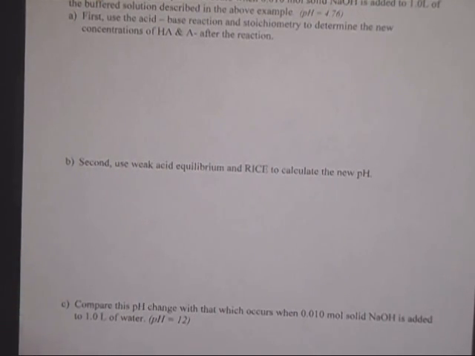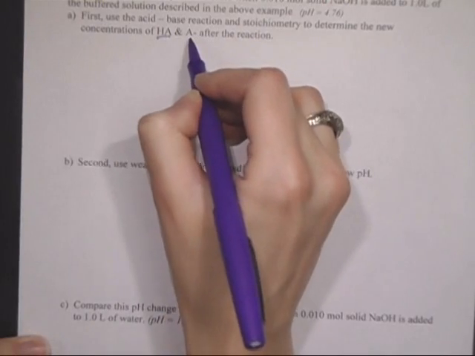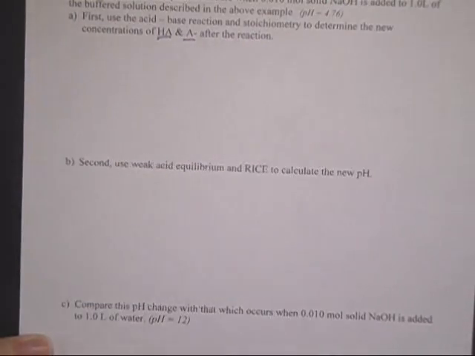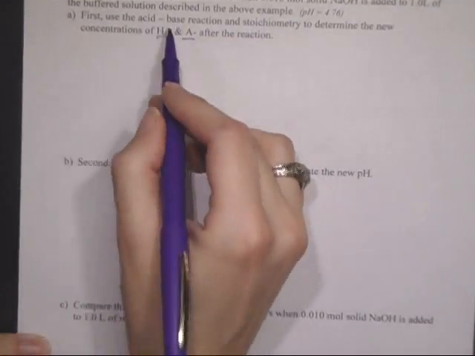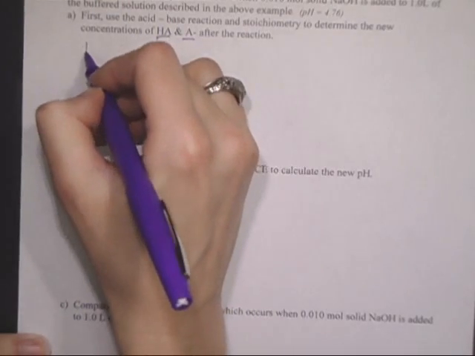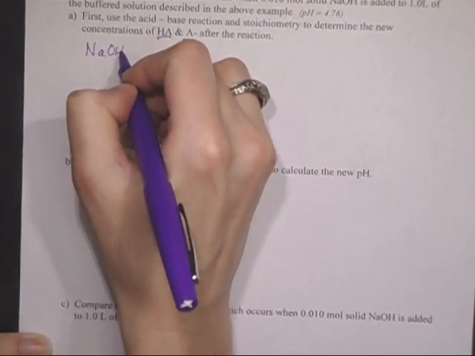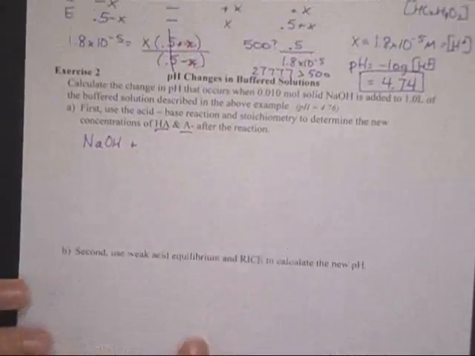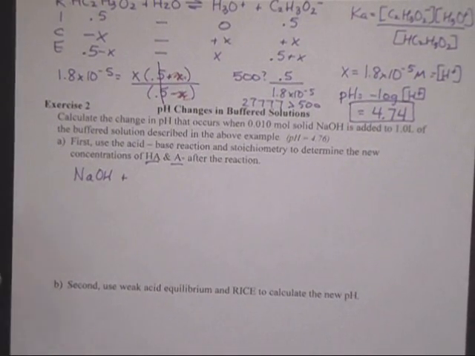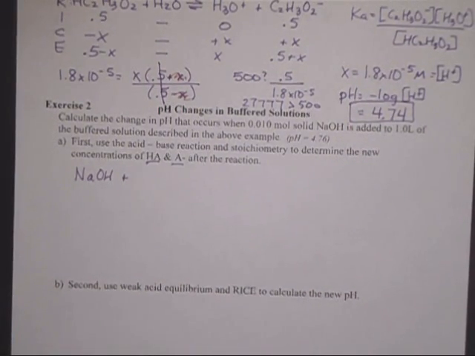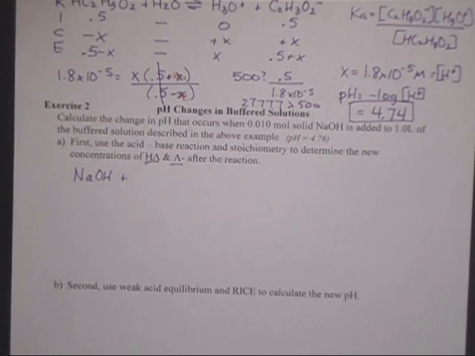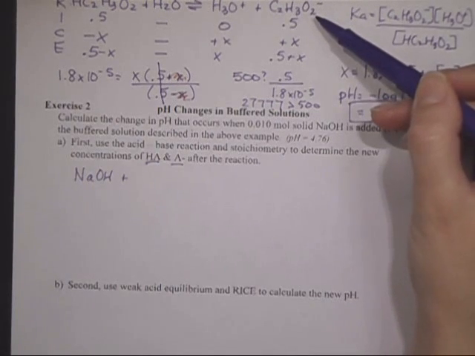First, use the acid-base reaction and stoichiometry to determine the new concentrations of the acid and the conjugate base salt. So the acid-base reaction that we have here is sodium hydroxide, and if we consider the parts of the buffer, we have to decide: is the base going to react with the acid, or is the base going to react with the conjugate base?